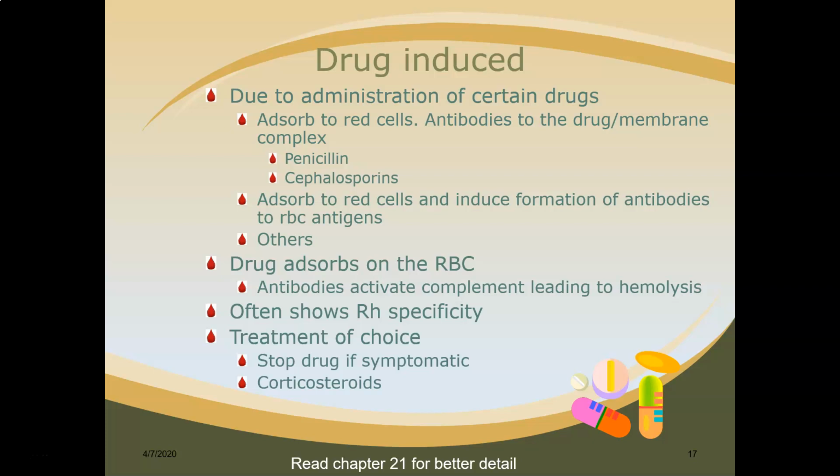Other drugs, Aldomet being the most common of these, adsorb onto the red cells, and then something makes the immune system make antibodies to RBC antigens that are next to the adsorbed drug on the red cells. These antibodies activate complement and lead to hemolysis of these drug-coated cells. These also show an Rh specificity at times. Treatment of choice, stop the drug if you can.